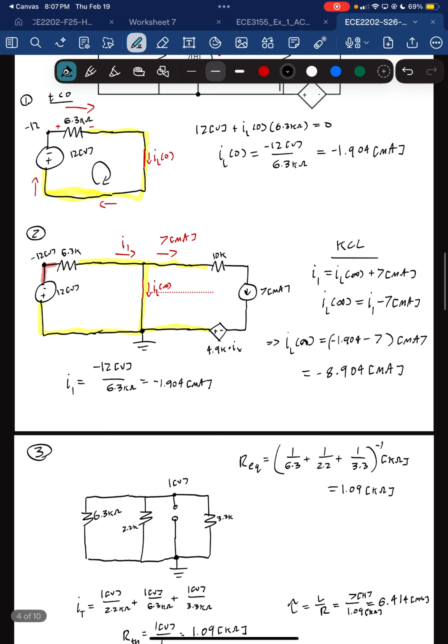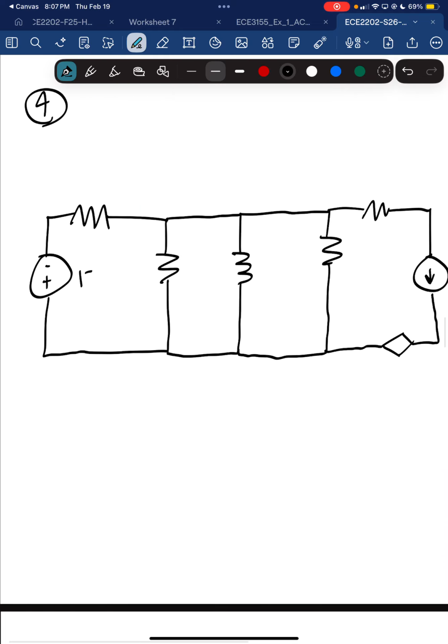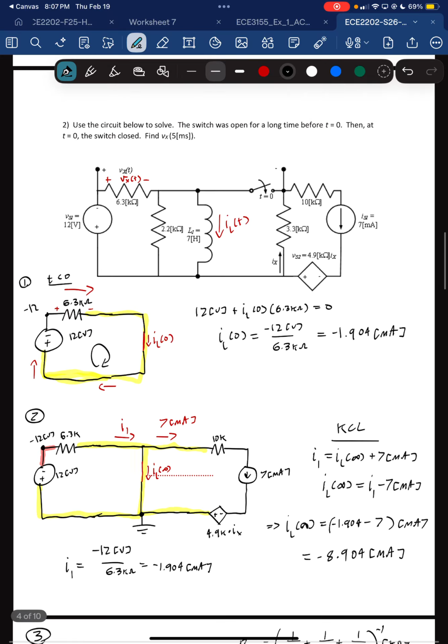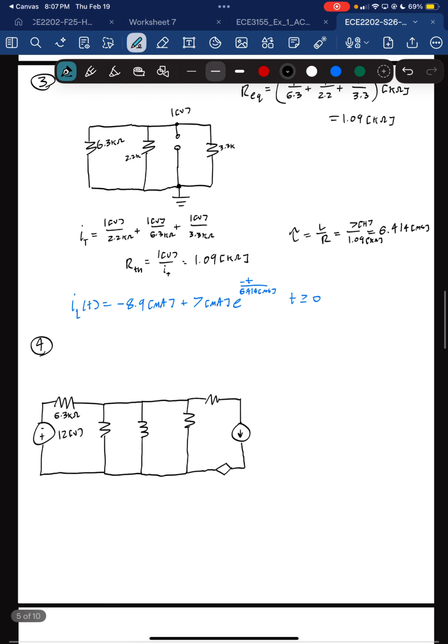Okay, now there's a bunch of ways we can go about doing this. We can do nodal analysis, which is kind of what we're going to be doing, but a slightly easier version of it. We're not going to need a system of equations and all that stuff.